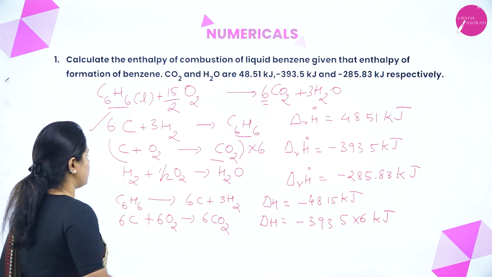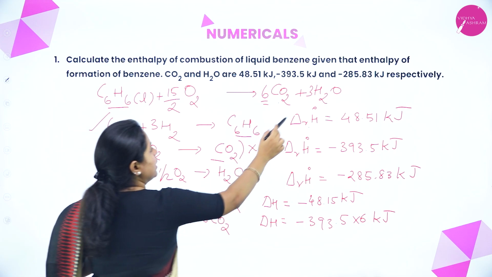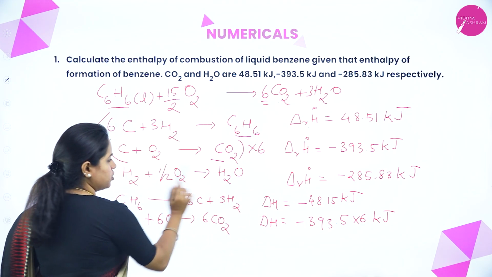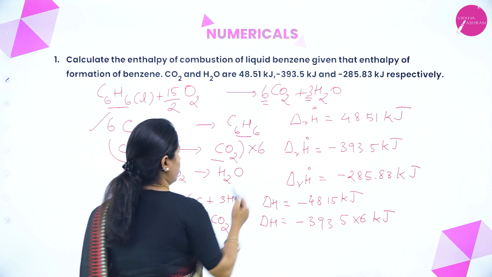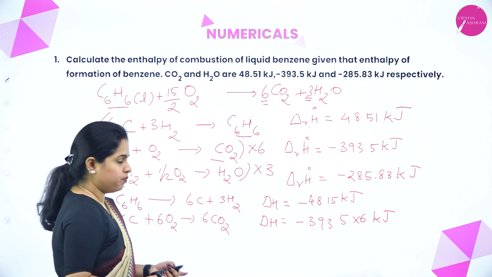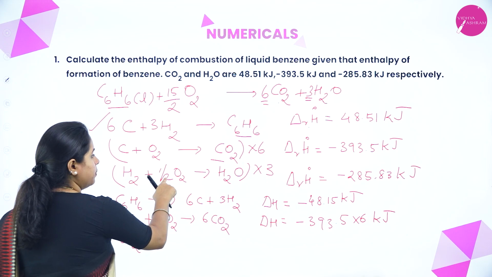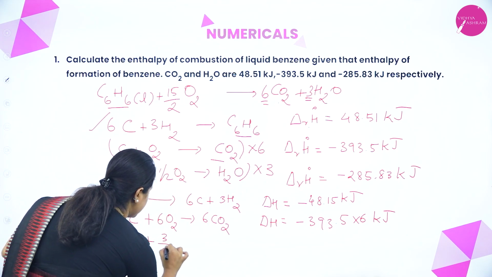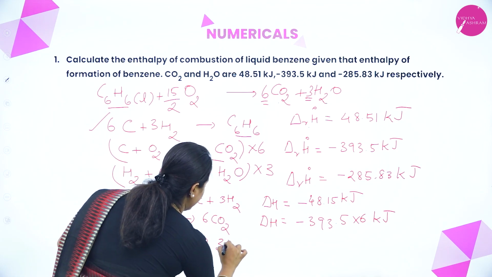Now moving on to the next one, H2 plus half O2 giving H2O. Now as you can see here, here also it is in the product side, here also it is in the product side. So you need not reverse the reaction, but you can see here there are 3 moles. So I multiply this particular reaction by 3. So the reaction becomes 3H2 plus, now there is 1 by 2 into 3 I am doing, so it becomes 3 by 2 O2, and it gives 3H2O.